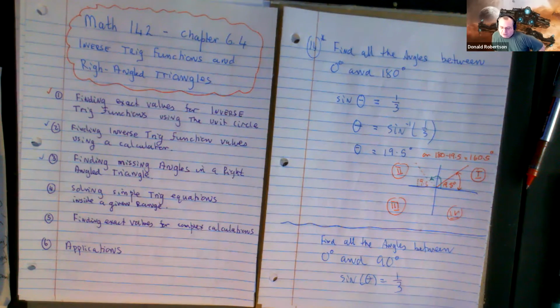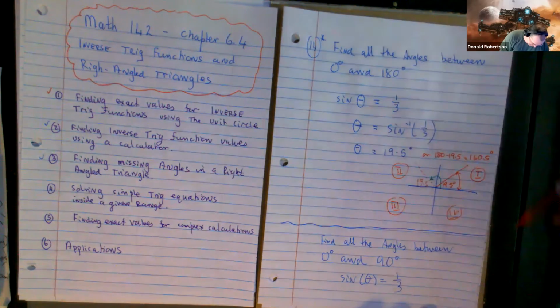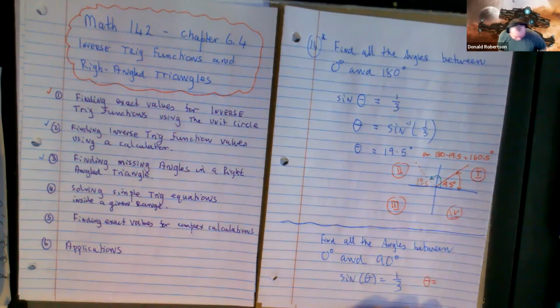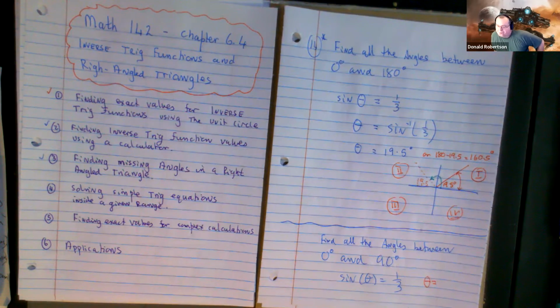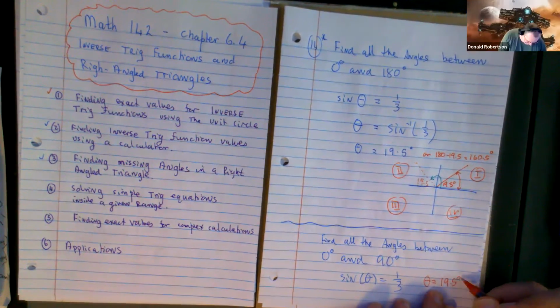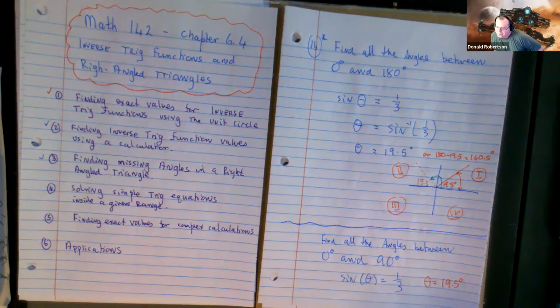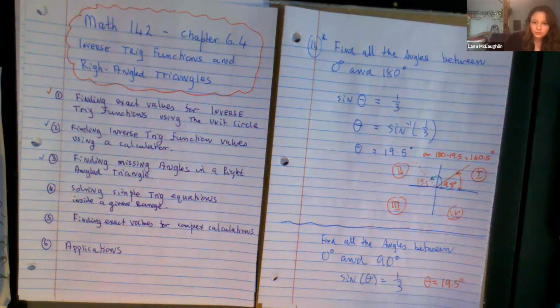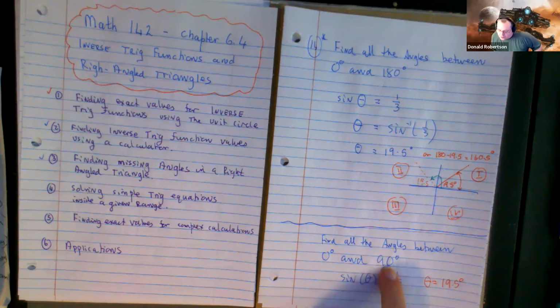So we want all the angles between 0 and 90 that solve this problem. We already know that answer. What angle works? 19.5. Why am I not adding in the 160.5 this time? Because it's out of range. So do you see the question depends on what restrictions they put on your answer? We good? Right.